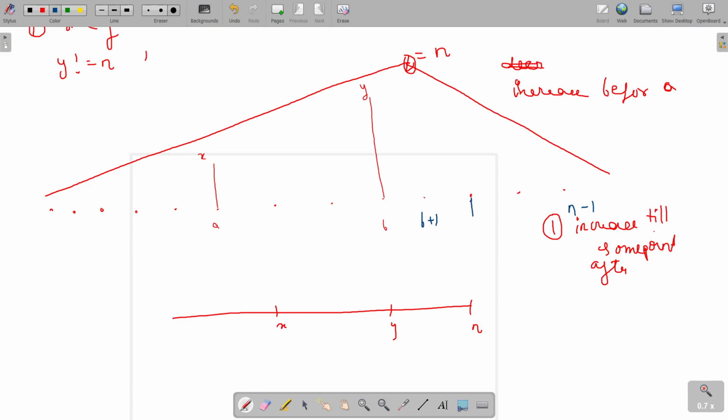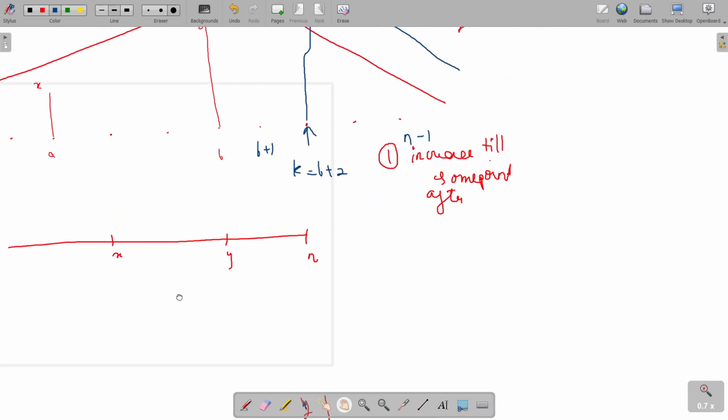So maybe we are here at b plus 2, so we have k equals b plus 2, and we say the peak goes all the way till here, so this is n, and then it will decrease. So we now know three things. We know till where n is going to occur, and the values at a and b. So using this, we will now try to use combinatorics to find an answer.